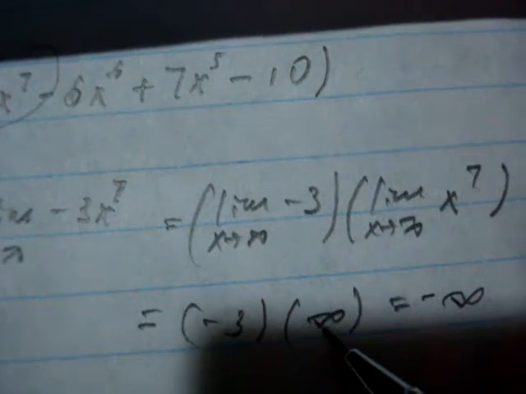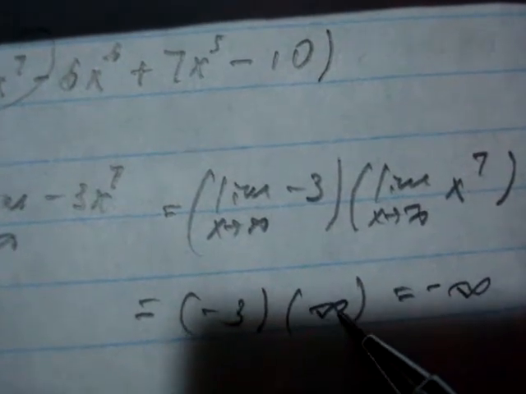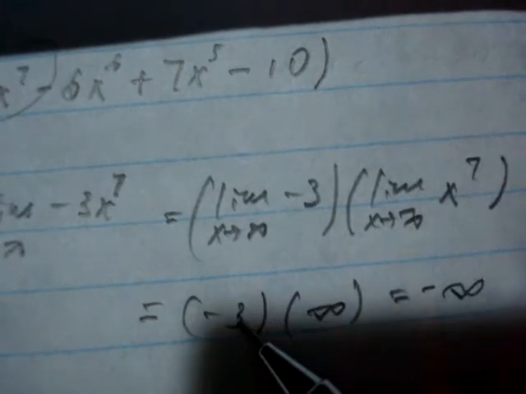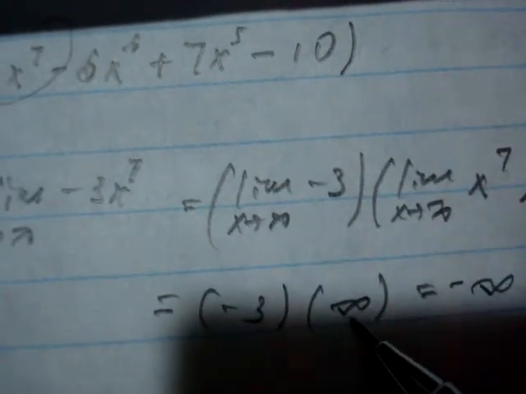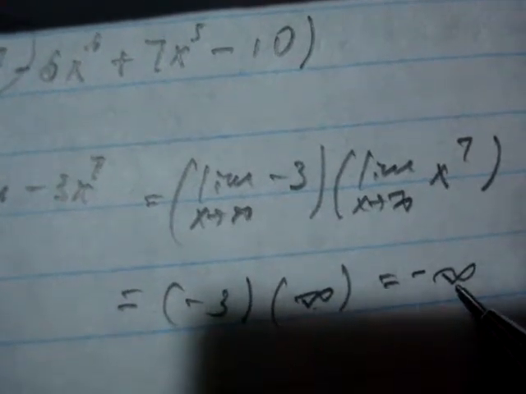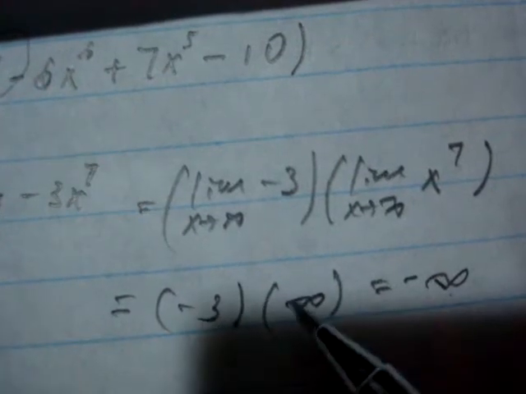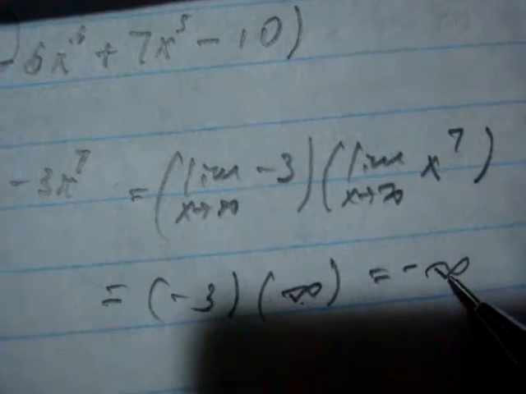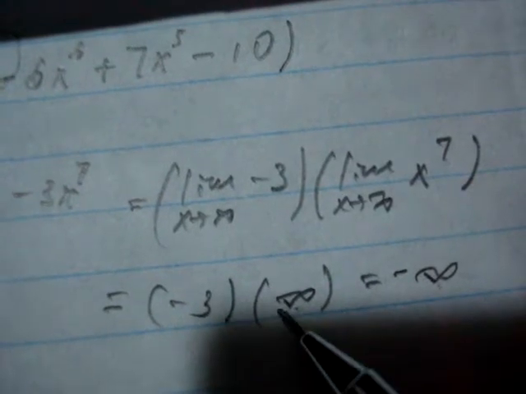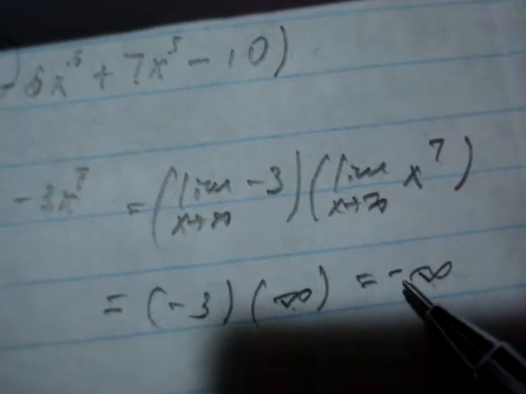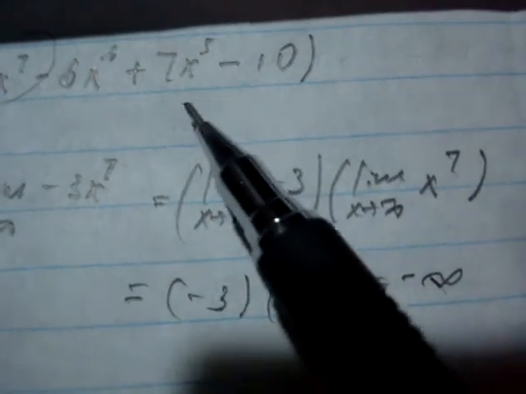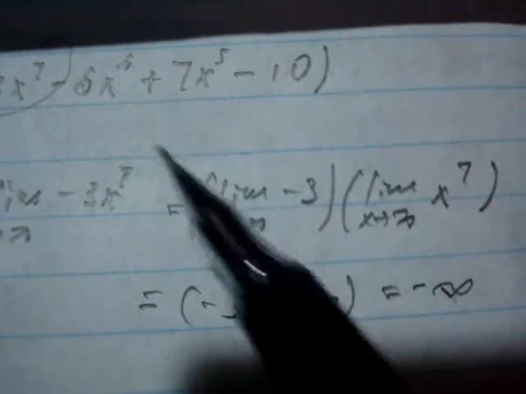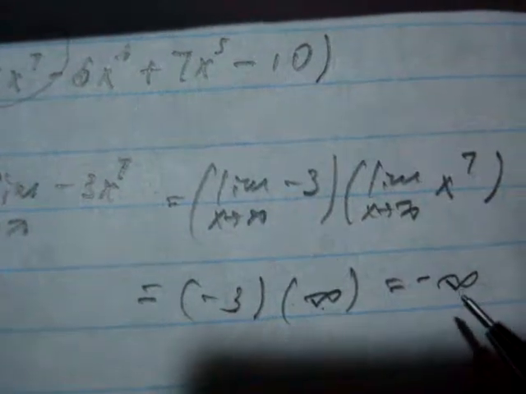So that's why there's a positive infinity right here. So -3 times positive infinity will be negative infinity, because negative times positive will be negative. It doesn't matter what the exact answer right here is, because you have an infinity number right here. So the answer for this limit polynomial will be negative infinity.